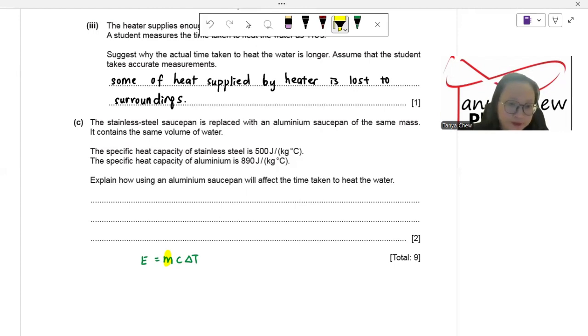Instead of using energy, because I need to relate to time, I will break this down further. Energy is equal to power times time, which is mc delta T.